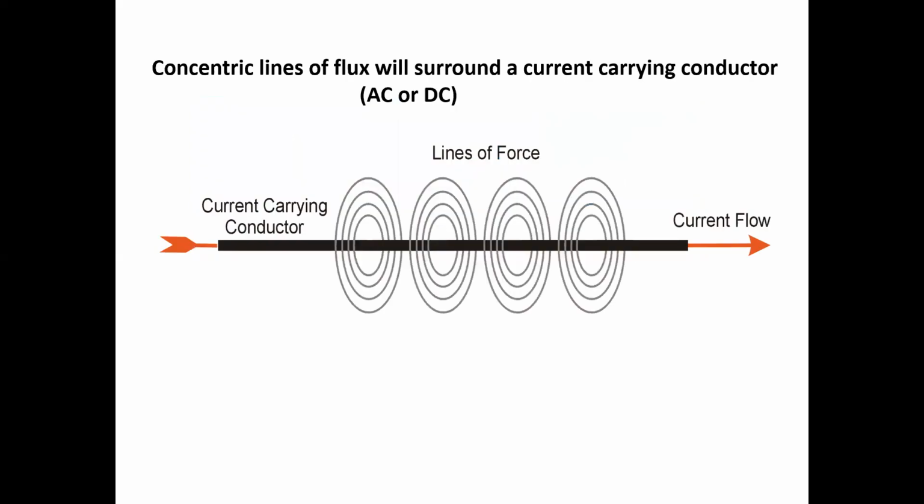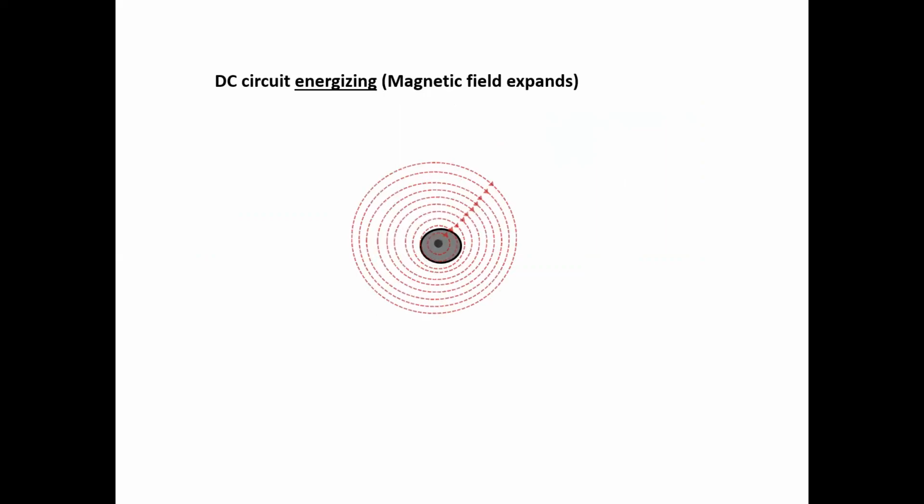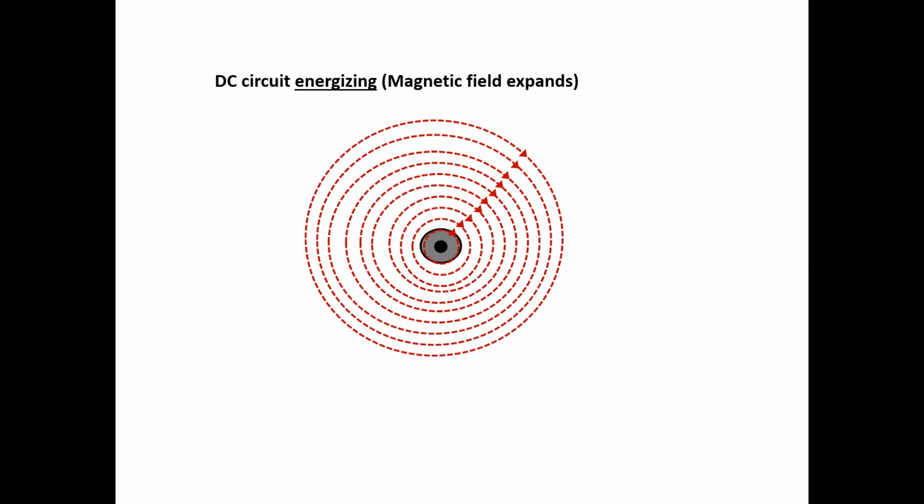Now remember, when we have current flowing through a conductor, there will be concentric lines of flux that will surround that conductor in either an AC or a DC circuit. Those lines of flux travel in either a clockwise or counterclockwise direction. So when we take a conductor and we put it into a DC circuit and we energize it, what we would expect to see is an increase or an expansion of the magnetic lines of flux.